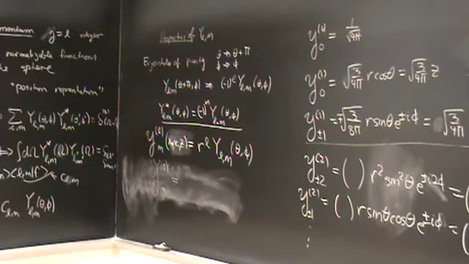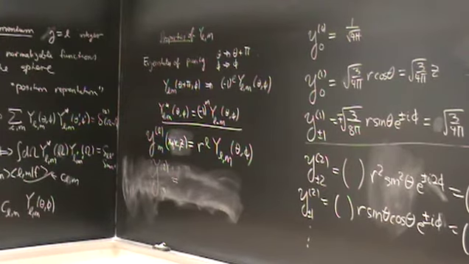I want to just remind us of a few things, first of all about the classical description. So let's go back to where we were some lectures ago, the 2D isotropic oscillator.